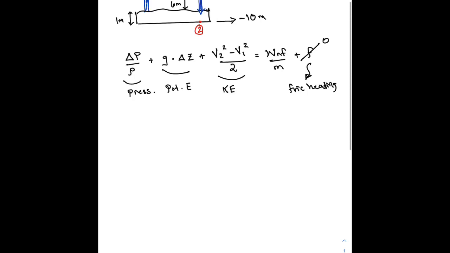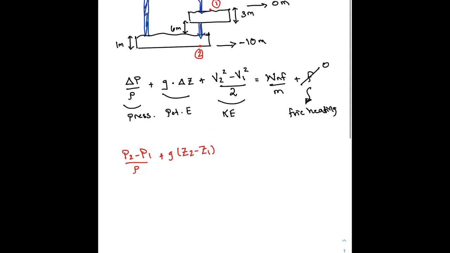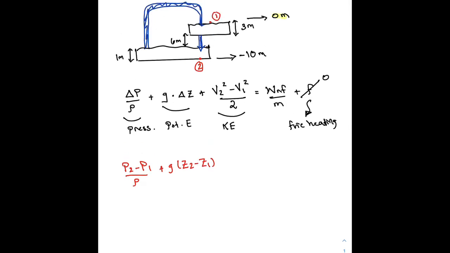From here we'll have the pressure at point 2 minus the pressure at point 1 over the density, plus the gravitational acceleration times the change in heights between points 1 and 2. These heights are relative to where we marked as 0, where we defined we're starting at 0 meters.